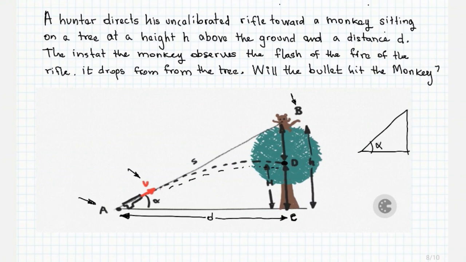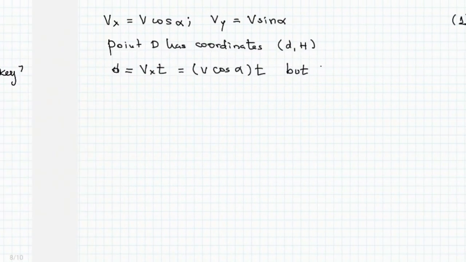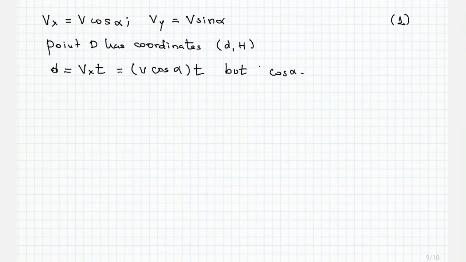This is alpha, this is A, this is B, and this is C. This is D and this is S. So, according to this triangle, we will have that cosine of alpha is equal to the adjacent leg dividing the hypotenuse, and this is d dividing S. Then I replace this term into this part of this equation, and I will have d is equal to V cosine of alpha, but cosine of alpha is d dividing S, multiplying the time.